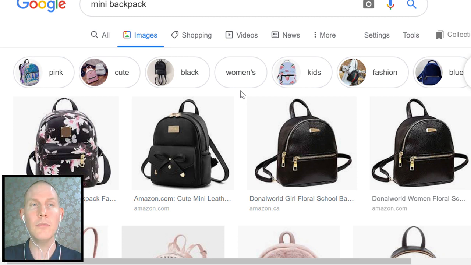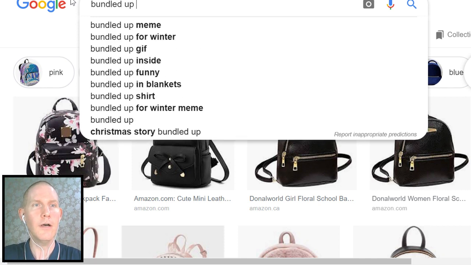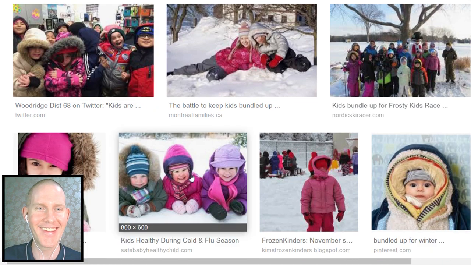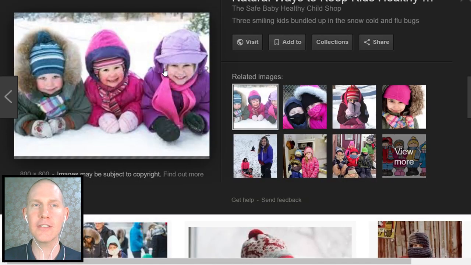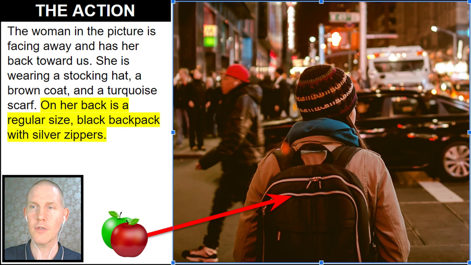So bundle up means to, let's see if we have a picture. Bundled up kids. Okay. So these kids right here, you could say they're bundled up. They have their hats, they have their hoods, they have their mittens, they have their scarves, they have their thick coats. They are bundled up. They are dressed for cold weather, right? They're bundled up, right? Okay.